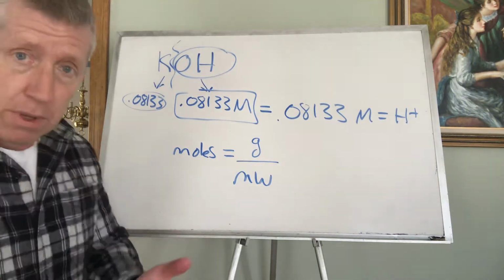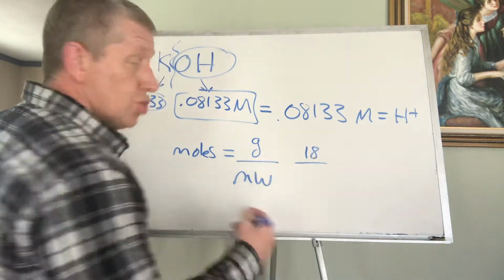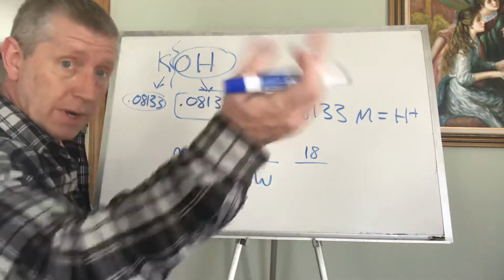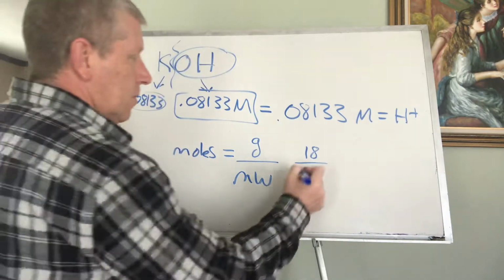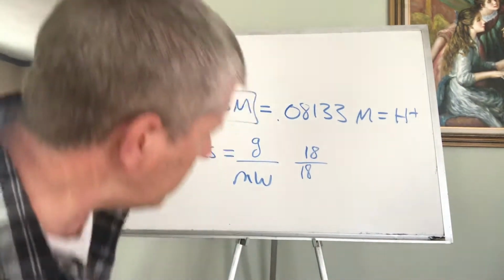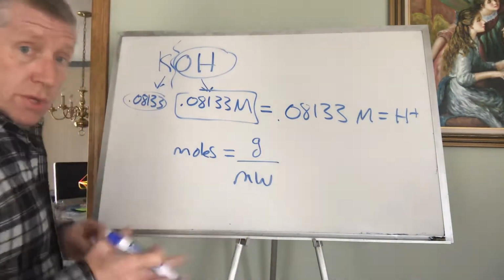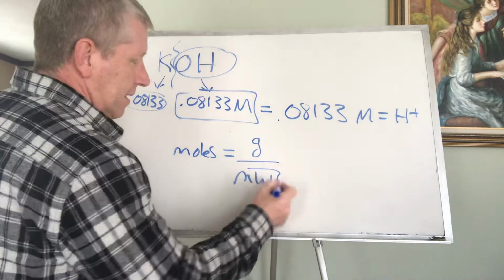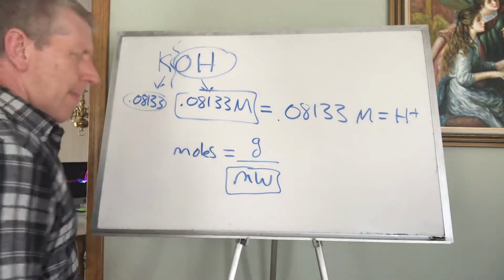A quick reminder: if I had 18 grams of water, H2O, when I looked up H2O on the periodic table, 2 hydrogens and an oxygen, I get 18, and so that would give me 1 mole of water. So that's how we calculate moles. It wants to know what the molecular weight is of this acid. So that's the unknown. Now how am I going to get that?